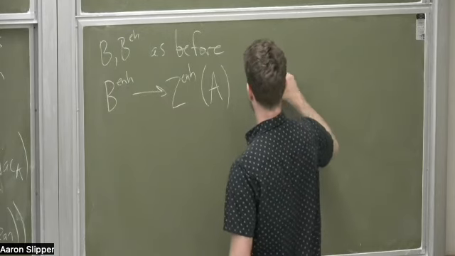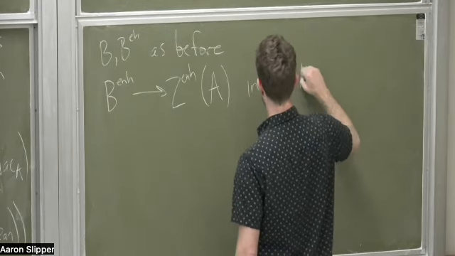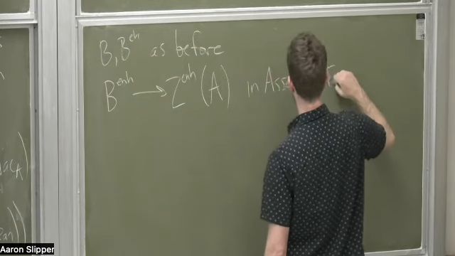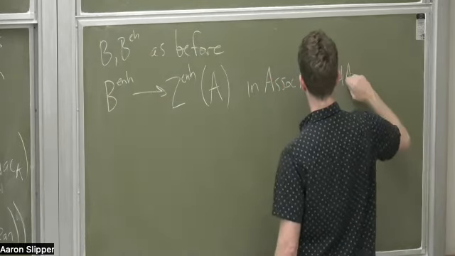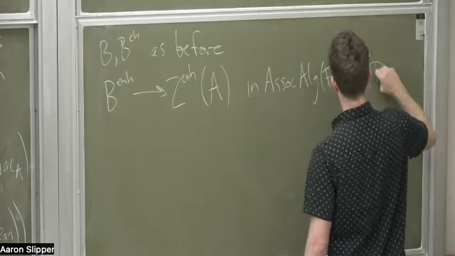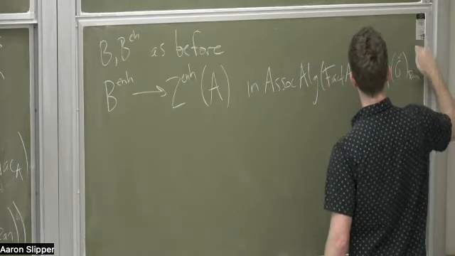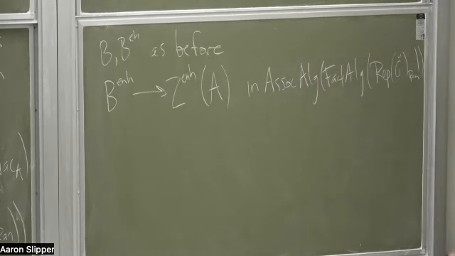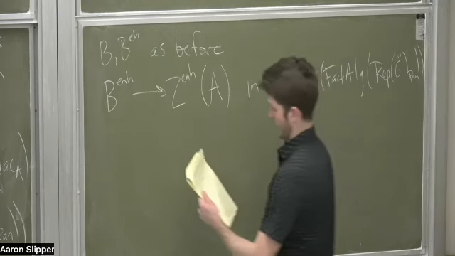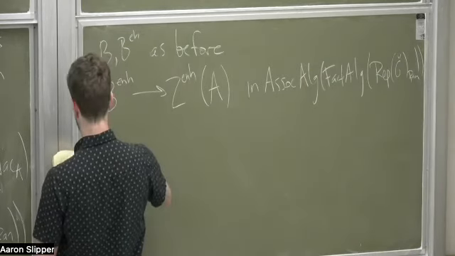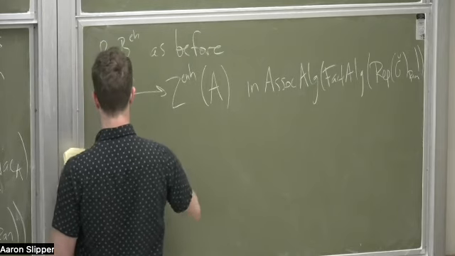And again, this is going to live in associative algebras, in factorization algebras, in Rich. Okay. So a further enhanced version of that as before. We combine all the constructions from before, and we get the following.